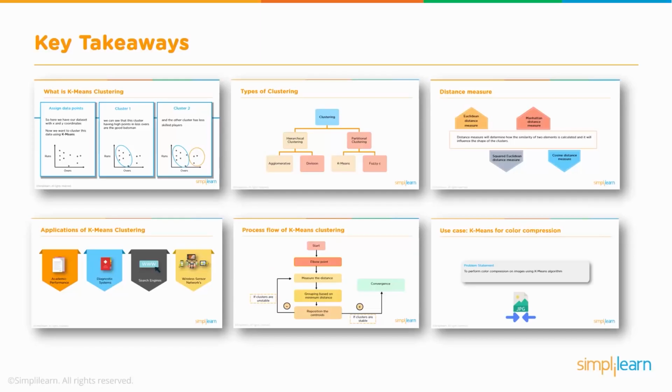So let's summarize what we have learned in this video. We started with an example of how we can apply k-means clustering, taking the cricket example. Then we talked about the types of clustering, two major categories, hierarchical clustering and partition clustering, which in turn had two subcategories each, agglomerative and divisive, and then k-means and fuzzy C. Then we discussed the different types of distance measures supported by k-means clustering.